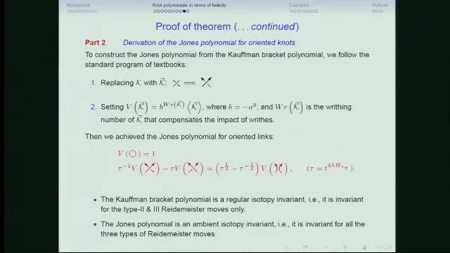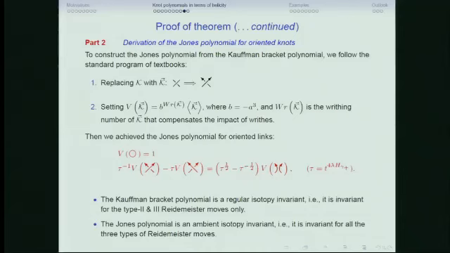Then the second part of our proof is to go from the bracket polynomial to the Jones polynomial. This is simple because we have a standard procedure in textbooks.